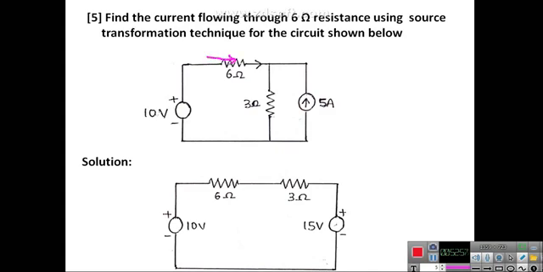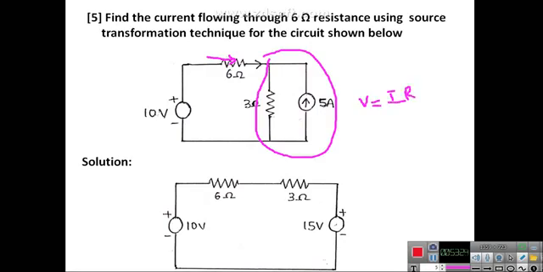So you should not convert this voltage source into a current source, because you need to retain this 6 ohm resistor. So you are going to convert this current source in parallel with the resistance into a voltage source. V is equal to I into R.